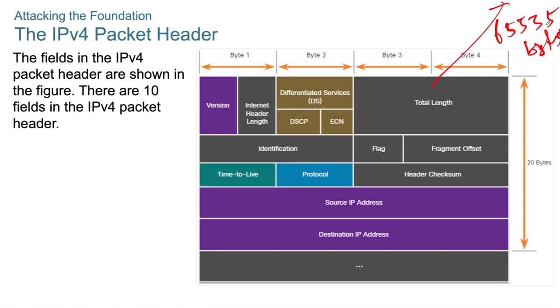And the next important field is the identification field. As an IP packet moves through the internet, it might need to cross a route that cannot handle the size of your packet. So the packet will be divided or fragmented into smaller packets and reassembled later at the destination side.